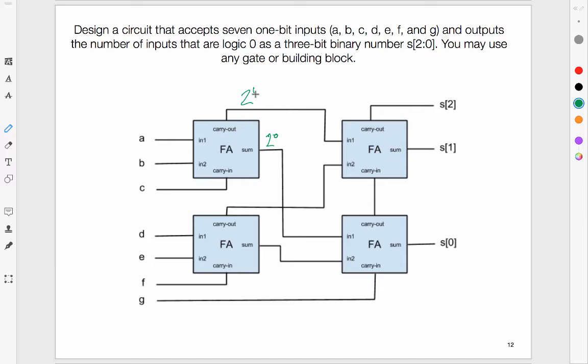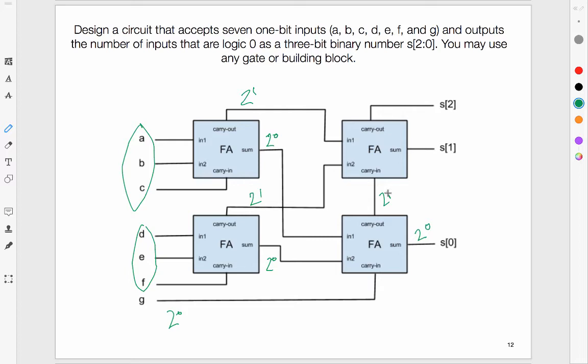So I take 3 bits out here, produce 2 bits. I take the other 3, I produce this. So again, I have 2 to the power 1 and 2 to the power 0. And G, which is left over, has a weight of 2 to the power 0. Then I take the 3 2 to the power 0 bits, use another full adder. This is going to produce 2 to the power 0 and 2 to the power 1. And I already had 3 bits of weight 2 to the power 1.